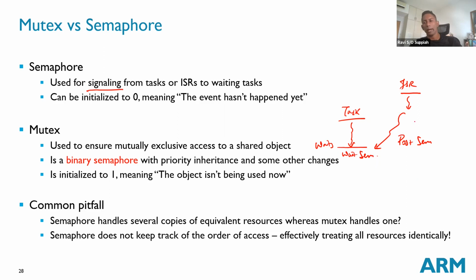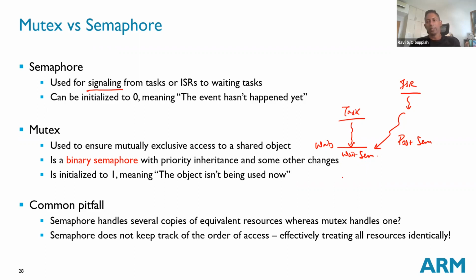By designing a mechanism this way, a task can be waiting for some trigger which will come in through the ISR. And when the ISR sends that semaphore over, the task can now unblock and carry on from where it left off.